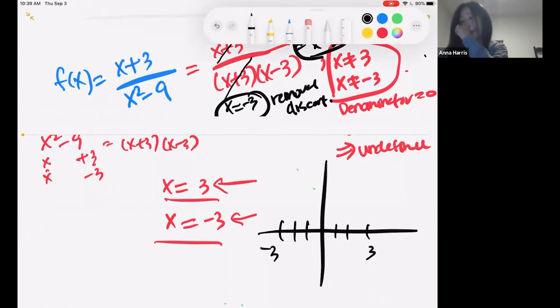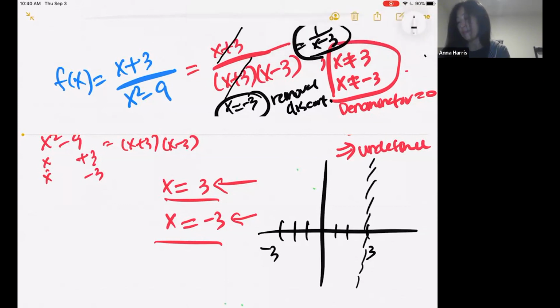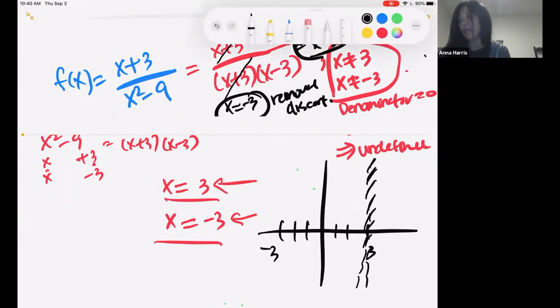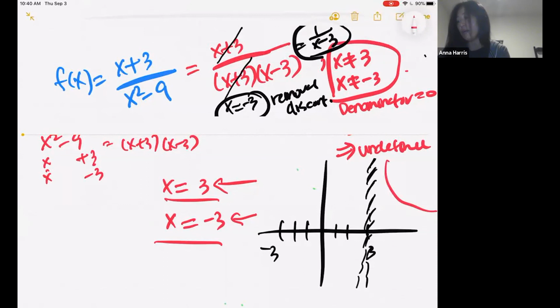So when I graph mine, that's what you get, an asymptote. Then I will have a graph here, and I will have a graph over here. But I'm going to have 1 point. So I will plug in negative 3 here, and I get 1 over negative 3 minus 3, which is negative 6. So at negative 3, I will need a circle.